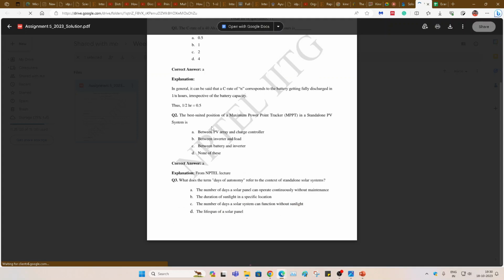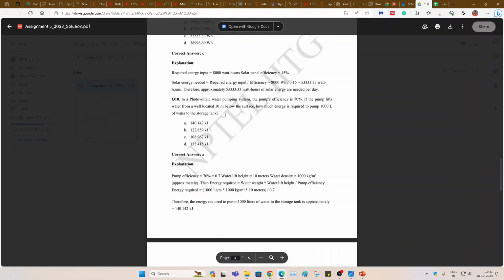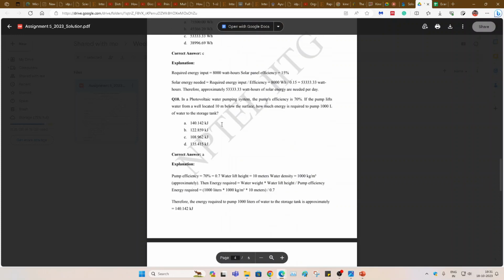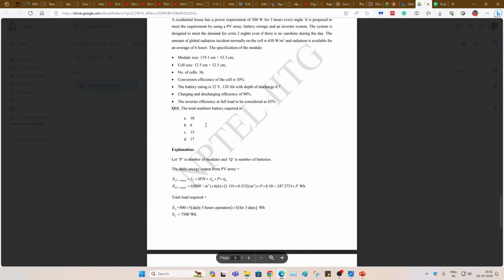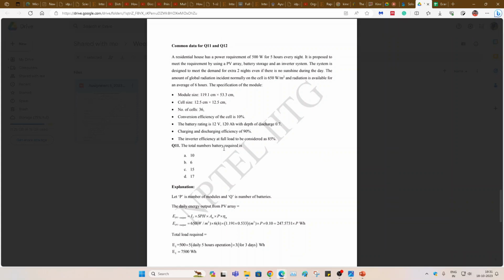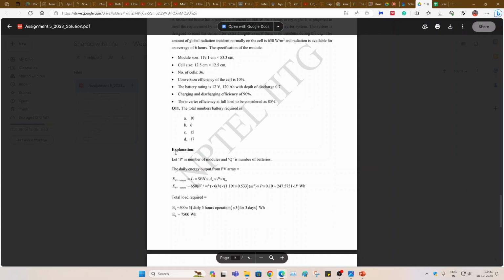Number of batteries. Question 10. See, this was the question, na? You have to calculate the total number of batteries.